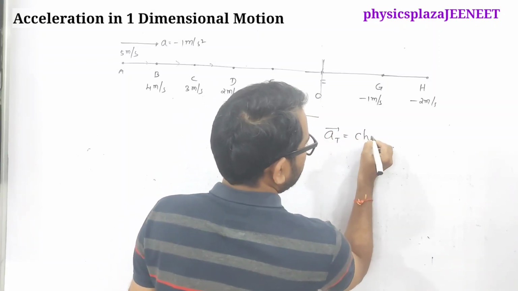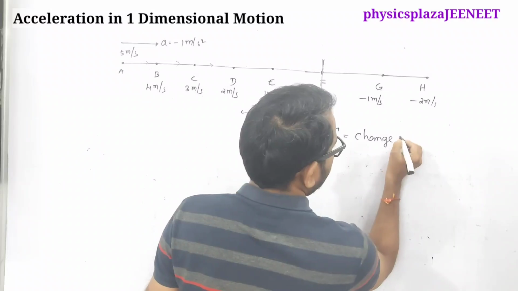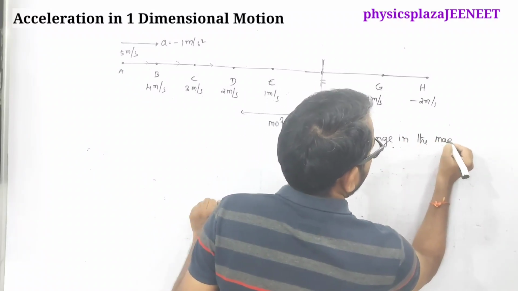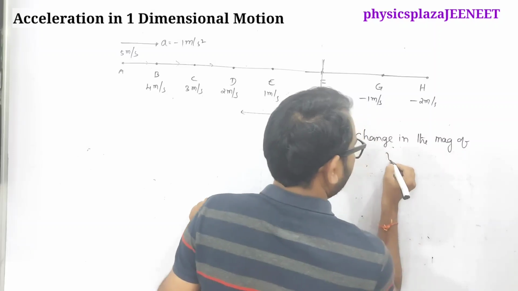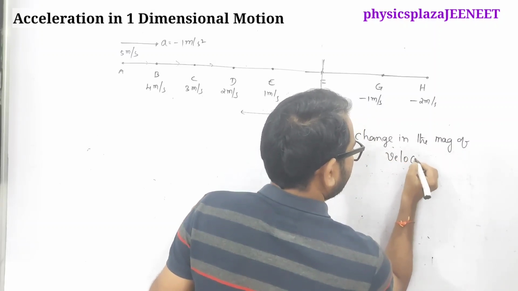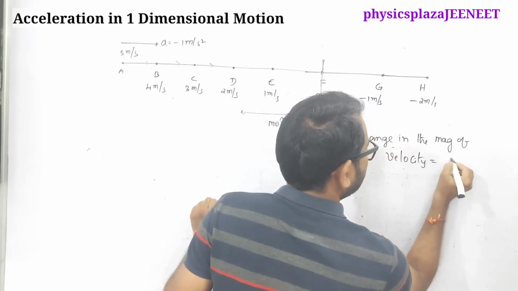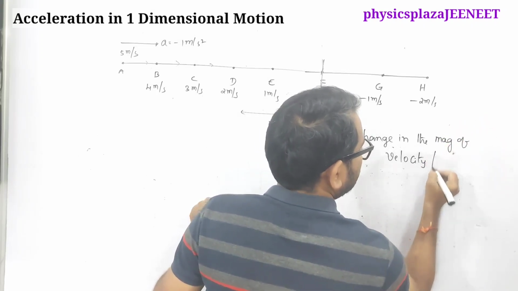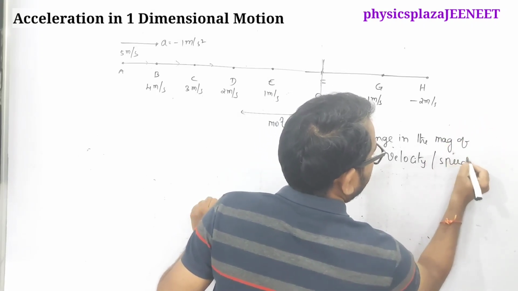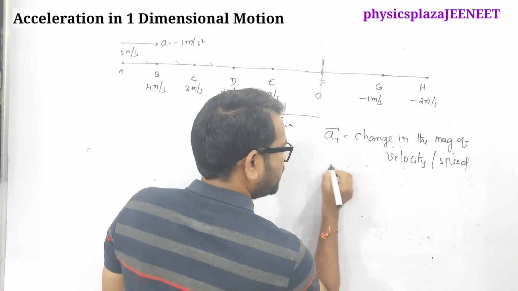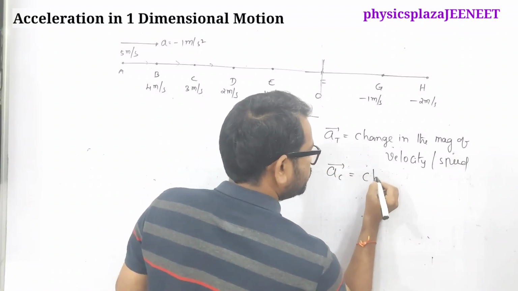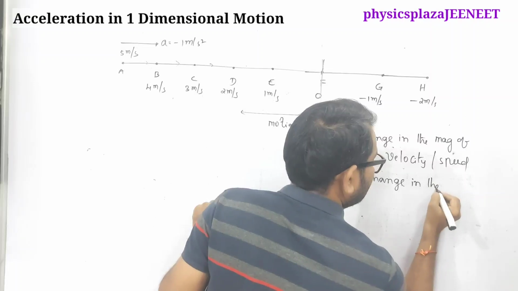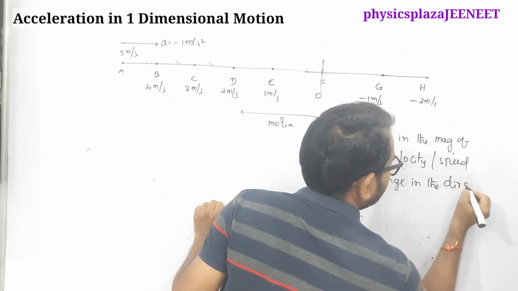This is the change in the magnitude of velocity. Simply it is speed, a change in speed. Whereas centripetal acceleration is due to the change in the direction of velocity.